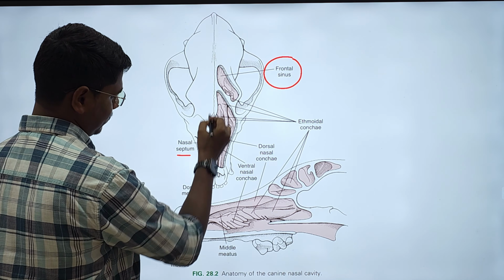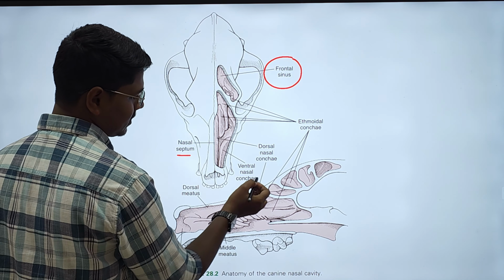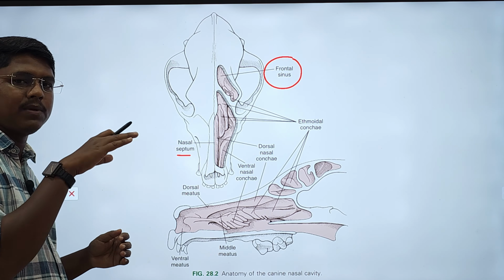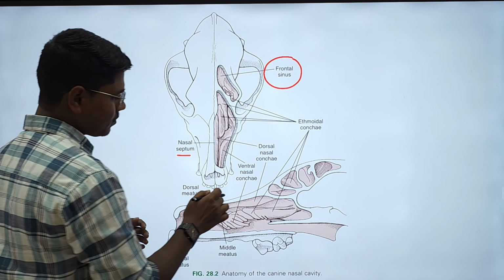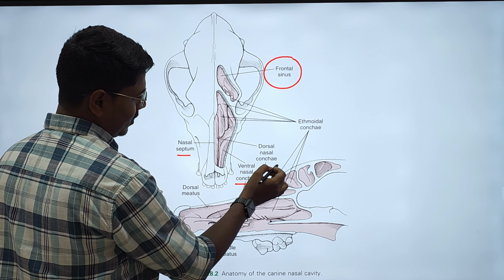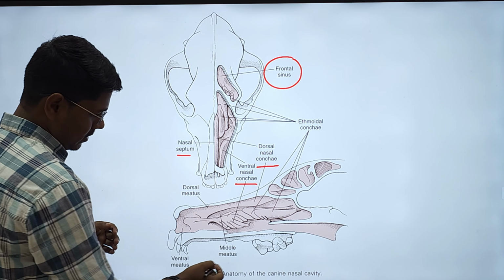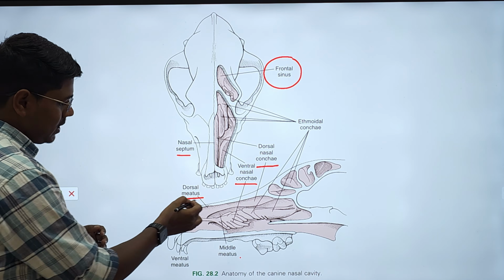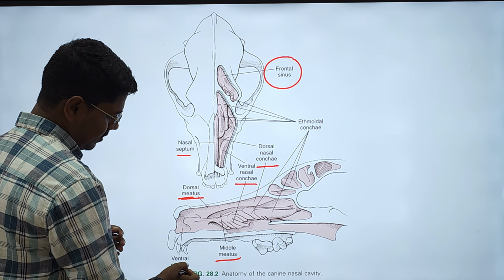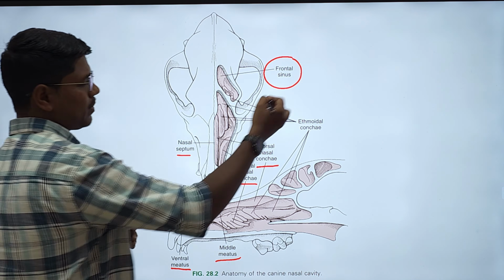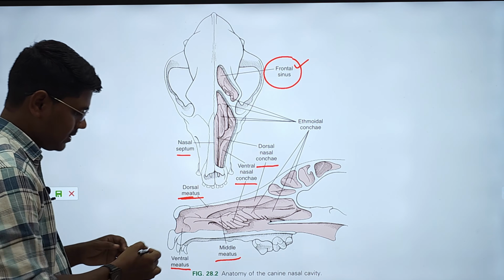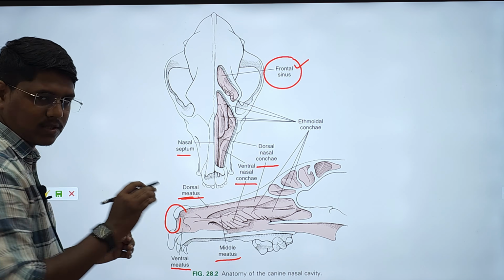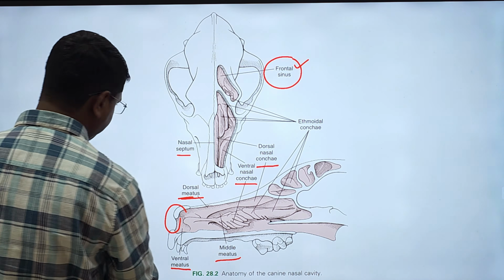Nasal septum in the middle, and there are different conchae. Conchae simply means bones: ventral nasal conchae, dorsal nasal conchae, and a middle one. There are different meatus. Meatus means cavity: dorsal meatus, middle meatus, and ventral meatus. Important ones are the frontal sinus as well as the nasal cartilages. We will discuss nasal cartilage in detail.